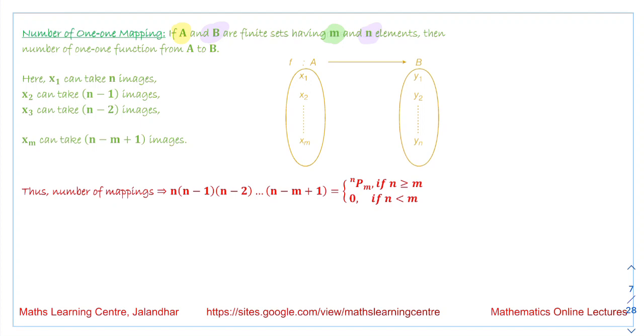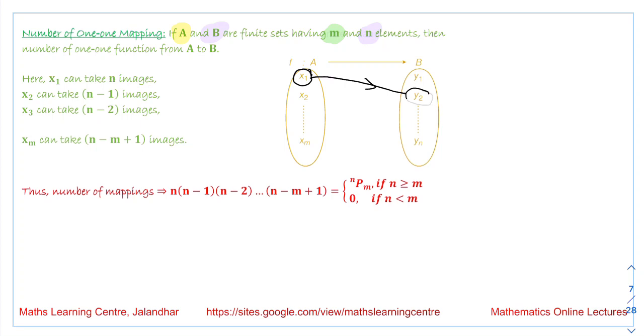Now we know from the definition of a 1-1 function that if we are considering this first element x1 from A, it will have a unique image over here in B. This is from the definition of the function.